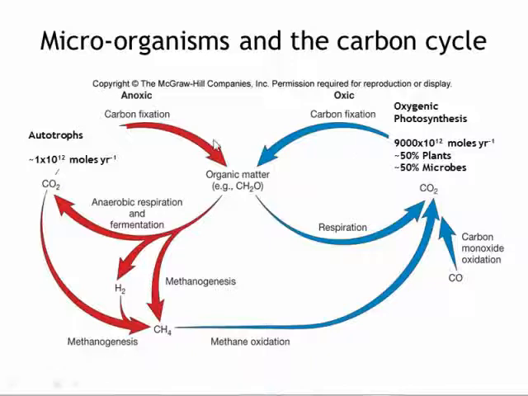Now, there is some carbon fixation from autotrophs. Sulfur oxidizers, the chemolithoautotrophs, hydrogen oxidizers, they all fix atmospheric CO2. However, in quantitative terms, maybe 9,000 times less carbon is fixed by these pathways.